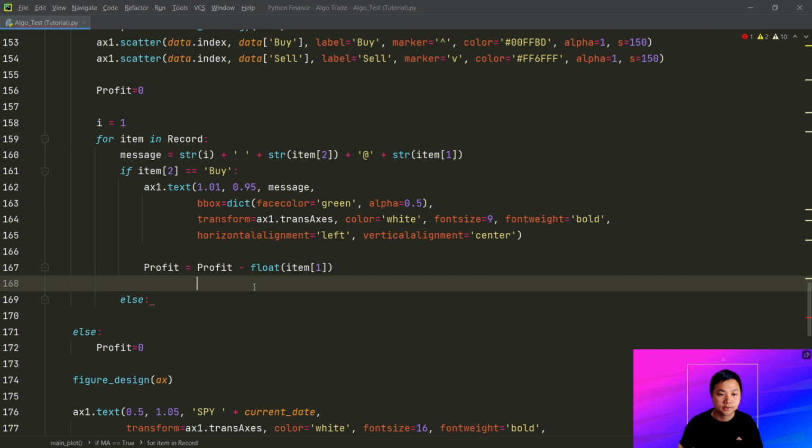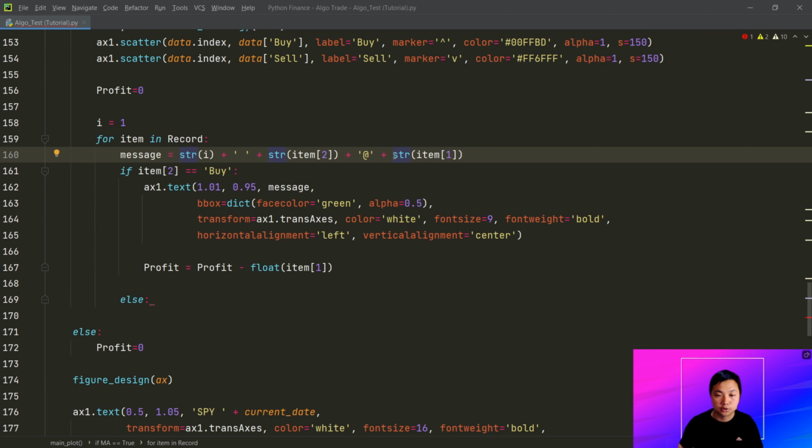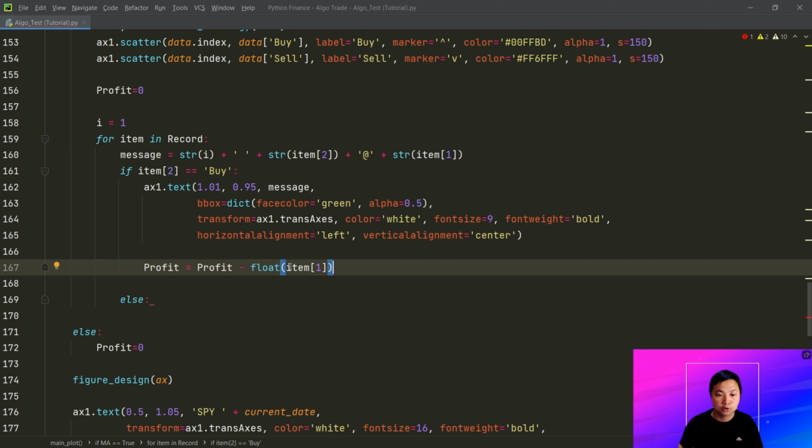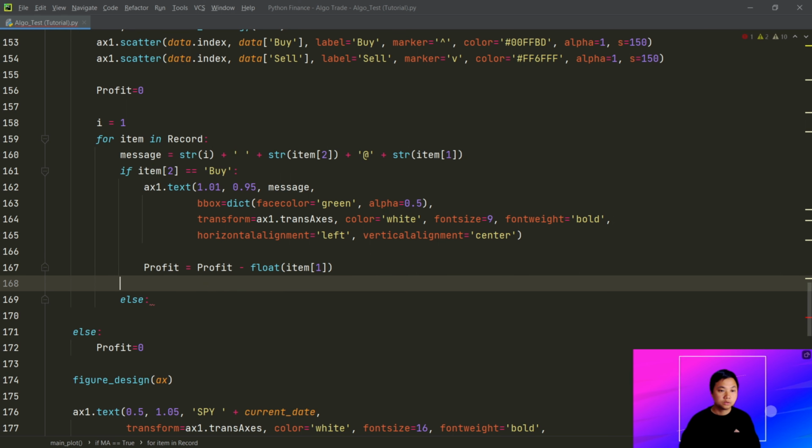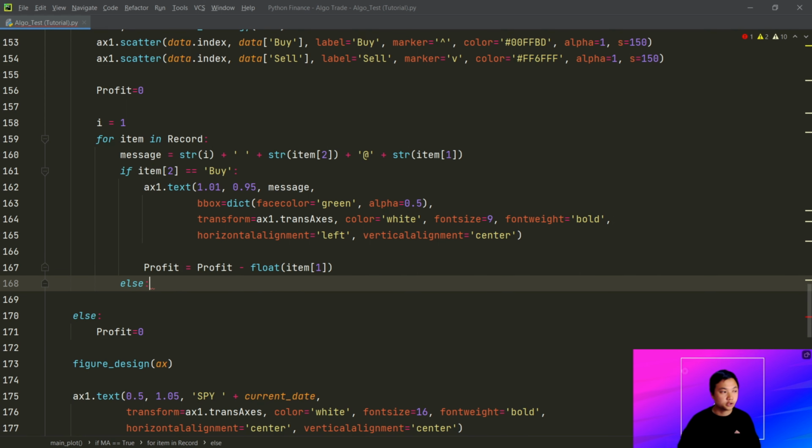This is the price. And because this is a text, I use a string for this price to convert it, and then I use the float method to convert this price, so it allows me to do the profit calculations.